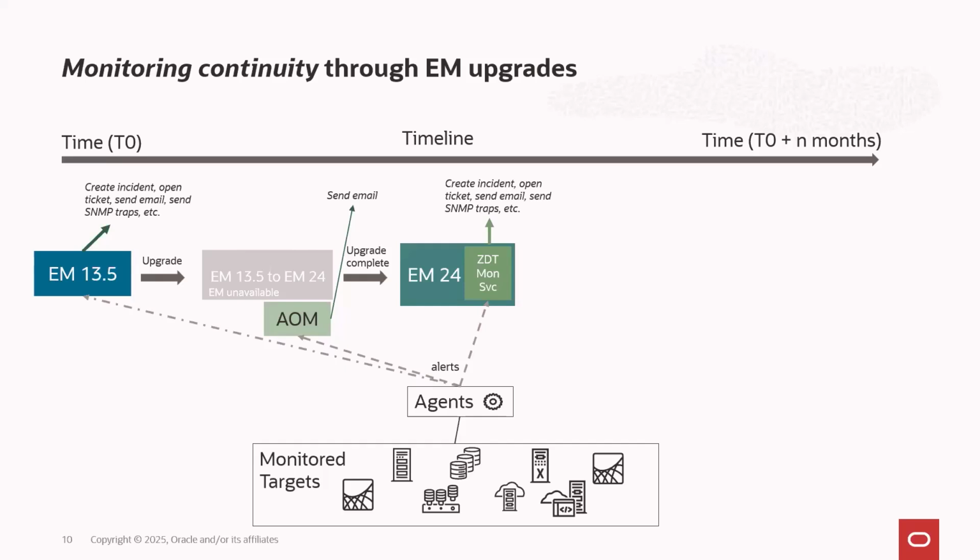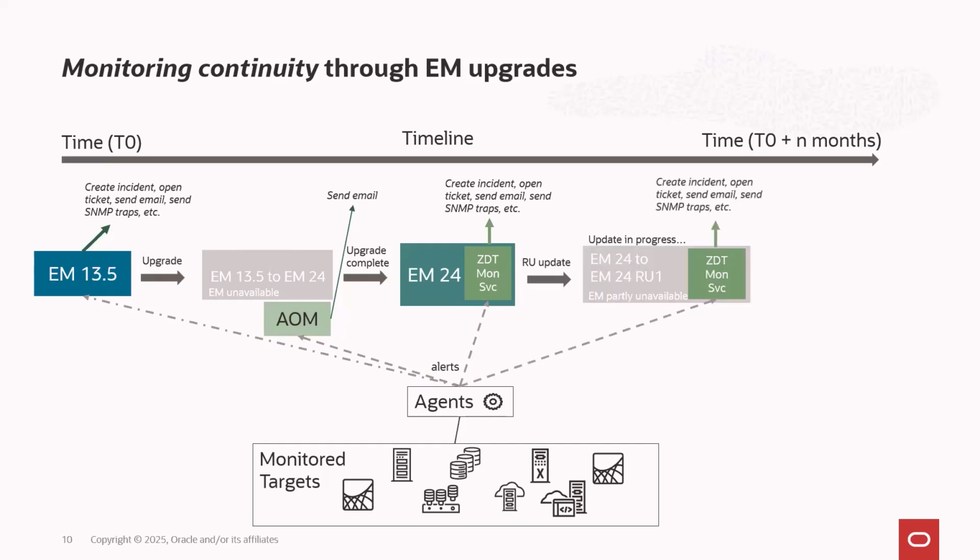Here you now have the ZDT monitoring service, which is now responsible for all of those actions such as creating incidents, opening tickets, sending emails, sending traps, et cetera. And let's say you decide to uptake a release update, and during that time, when you are updating from EM24, the base release, to EM24 RU1, EM will go into planned maintenance, but the ZDT monitoring service is now available, and it can continue to work uninterrupted.